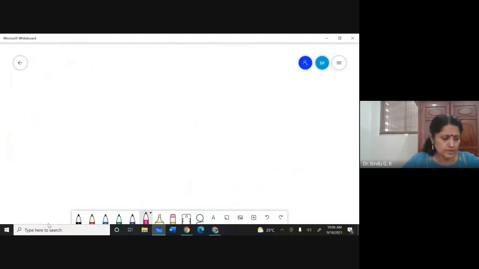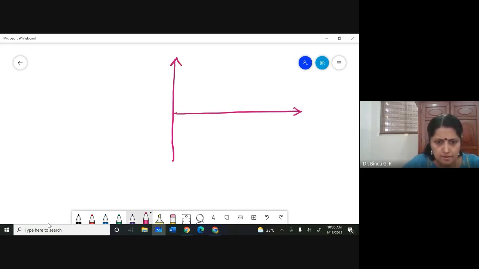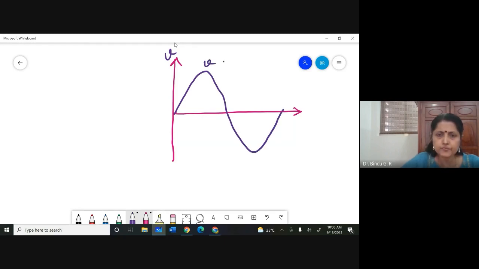If I draw the waveforms once again, I will understand what is happening in the curve. So this is V, because V is equal to Vm sin omega t.